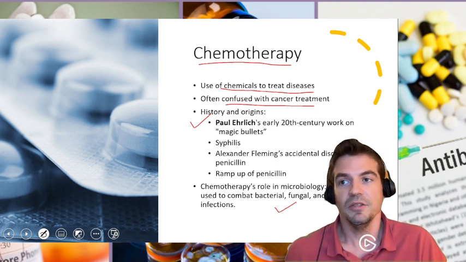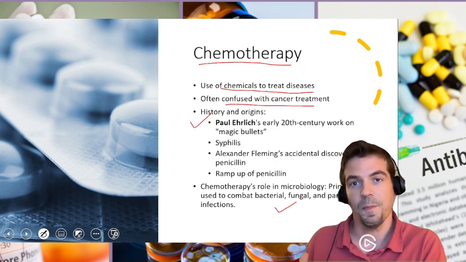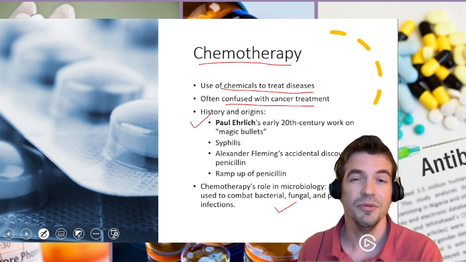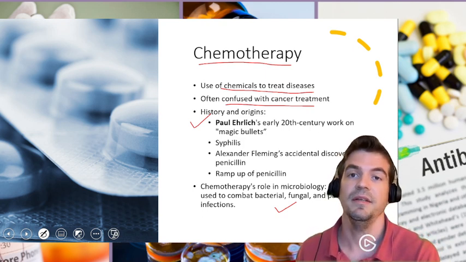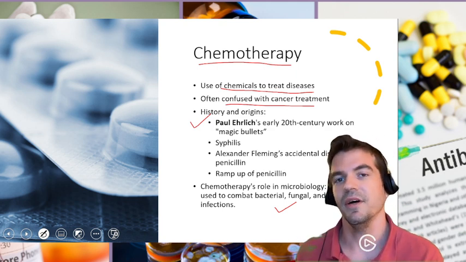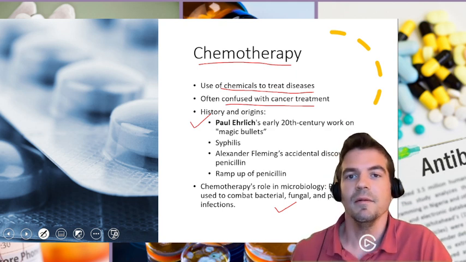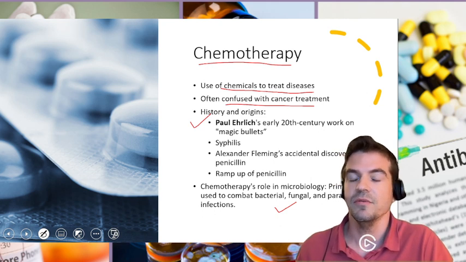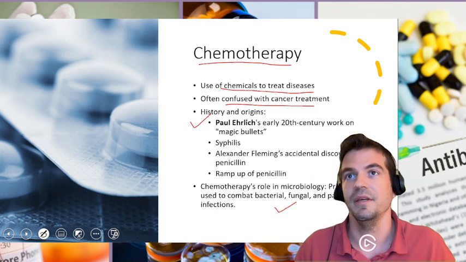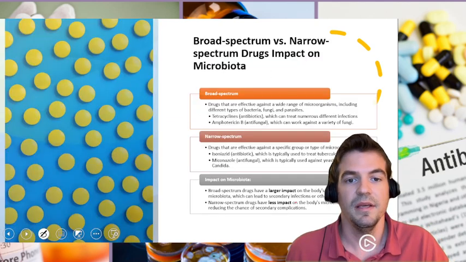Okay, so while we're worried about their mode of action and how they use it, and this is where our cell chapter will really come in handy. We need to know our parts of our cell to really kind of understand this section. We also divide our chemical drugs into two different types, okay? And we can see that here.